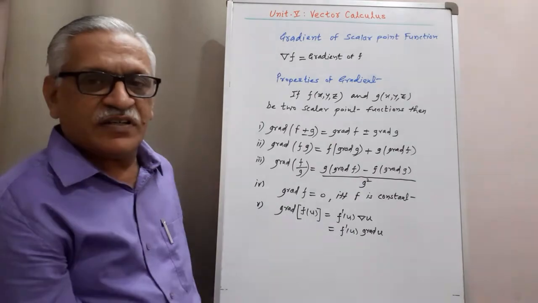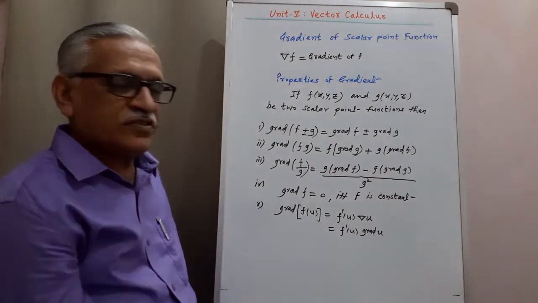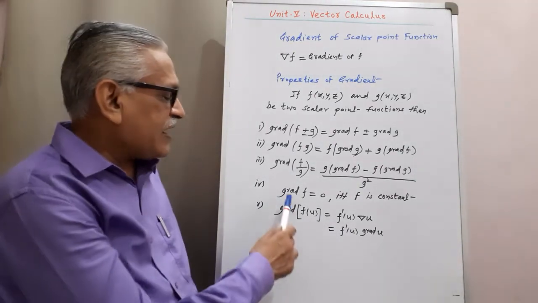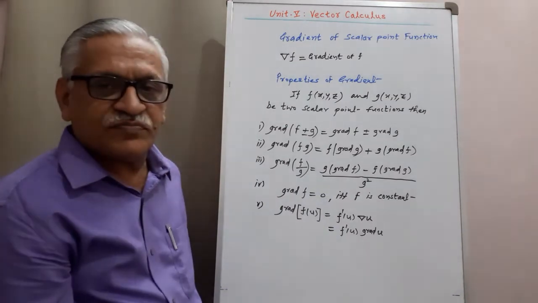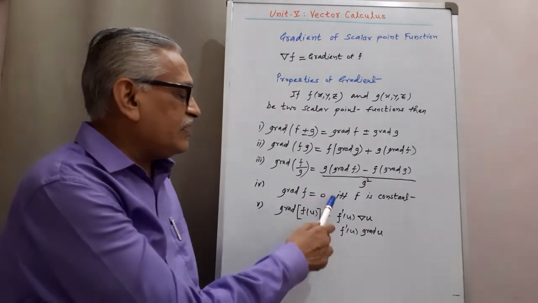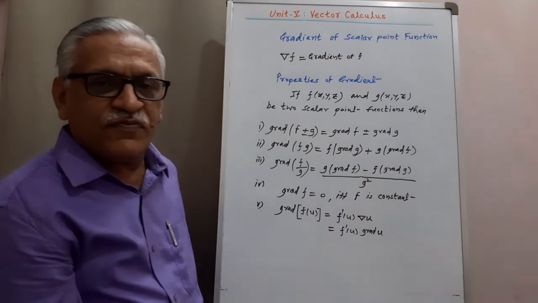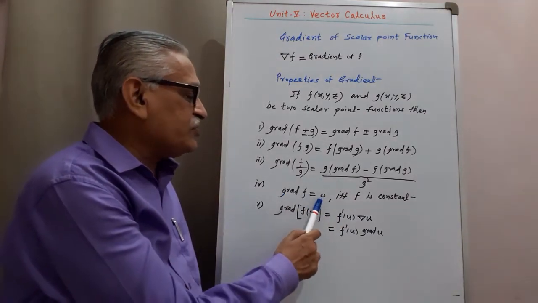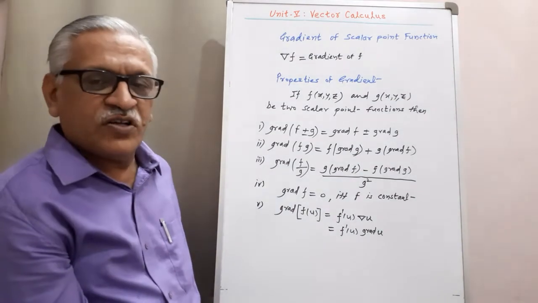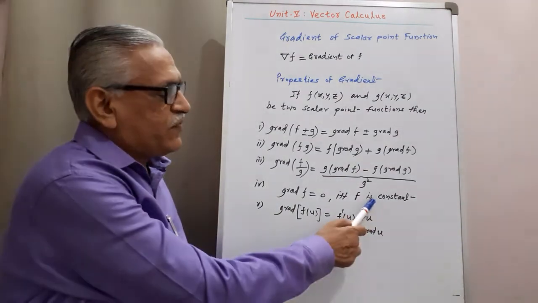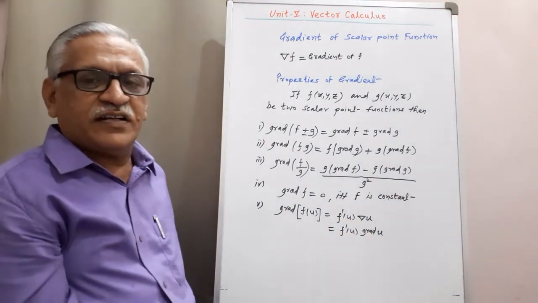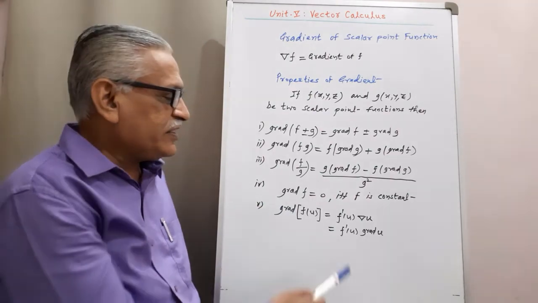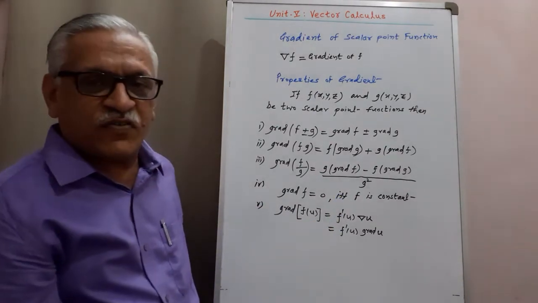And fourth, grad of that function is 0 if and only if that function is constant. Means if grad value is 0, then function is constant, or we can go the reverse way also. If that function is constant, its grad is 0. That's why the words are if and only if.